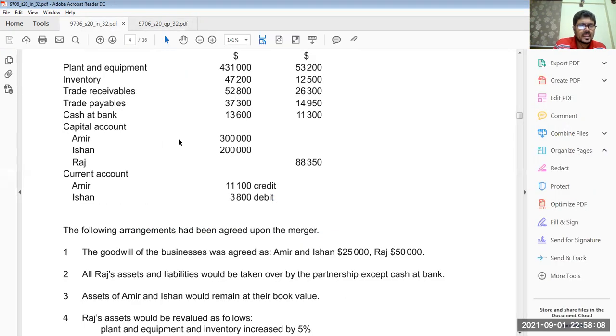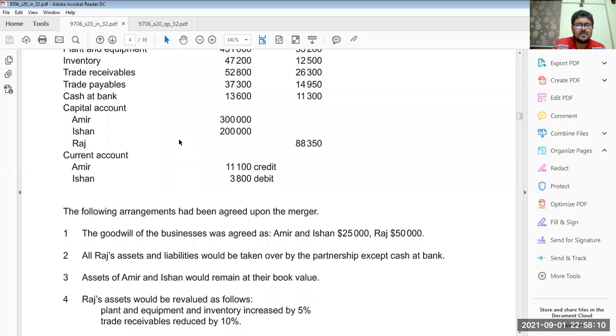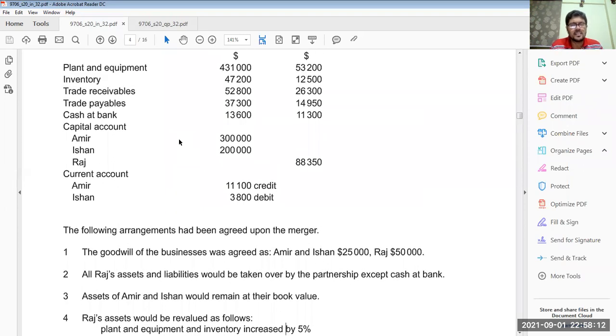Next, trade receivables is going to decrease by 10%. So 26,300 multiplied by 90% would be 23,670.